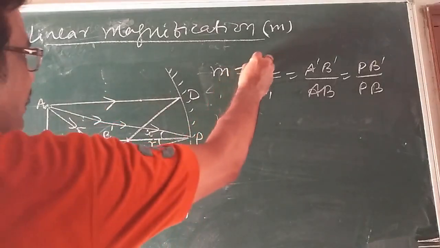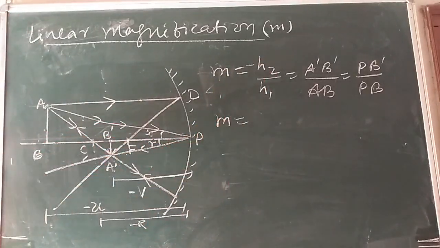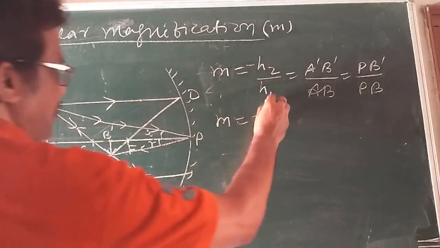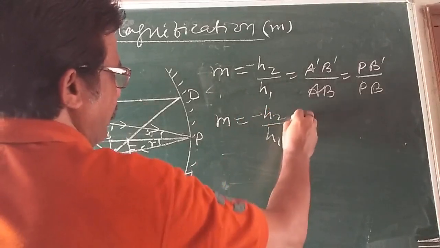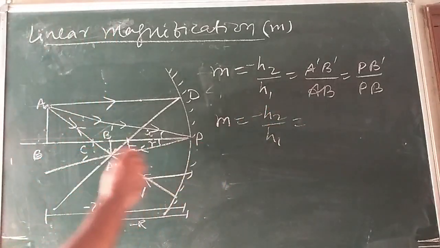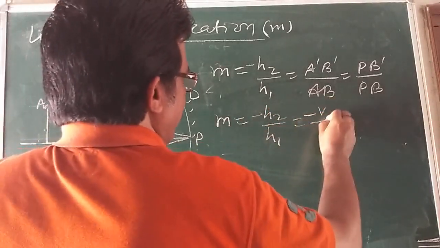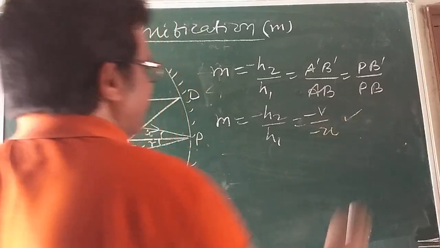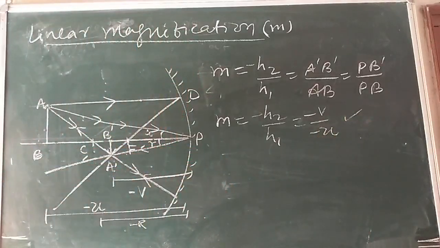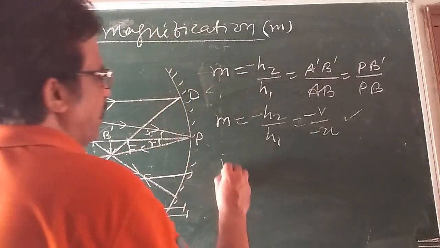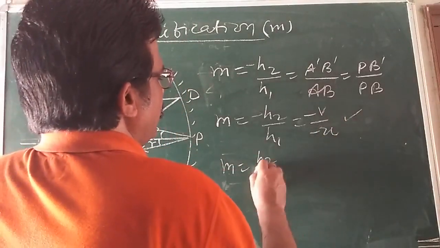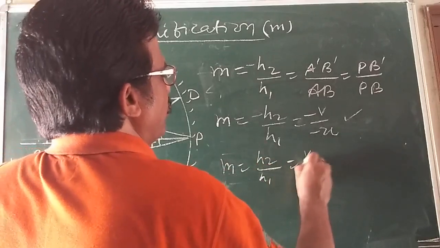So this is minus here. So minus of H2 divided by H1, PP dash, that is minus V, that is minus U. This is the formula here. So I can write here, children, M is equal to H2 by H1 is equal to V by U.